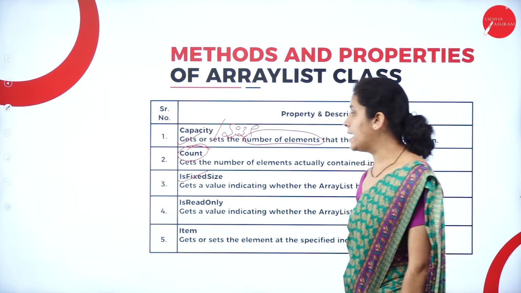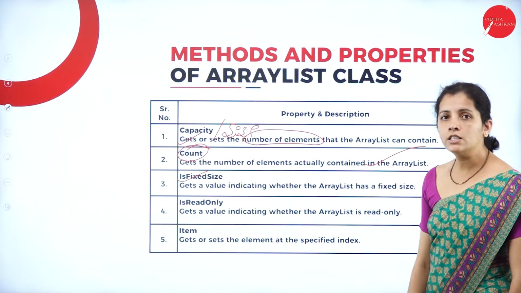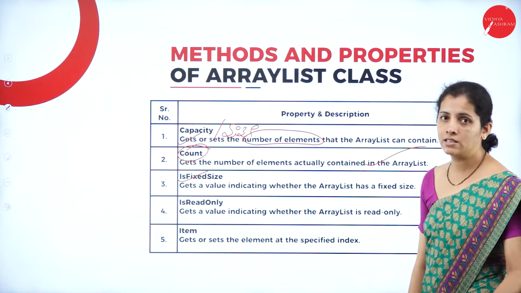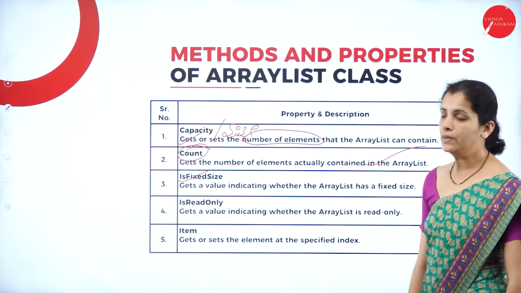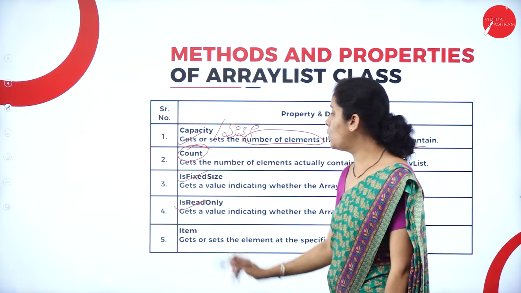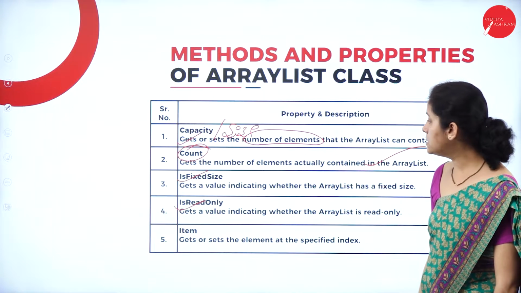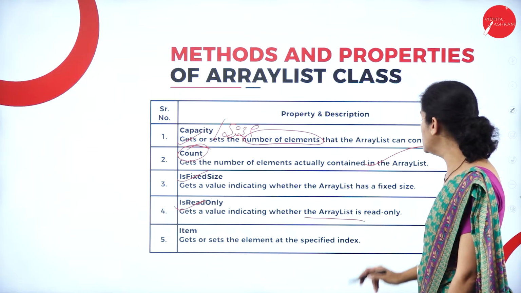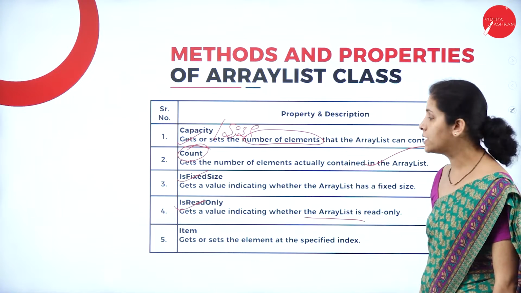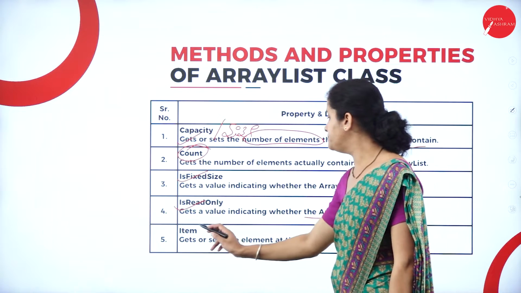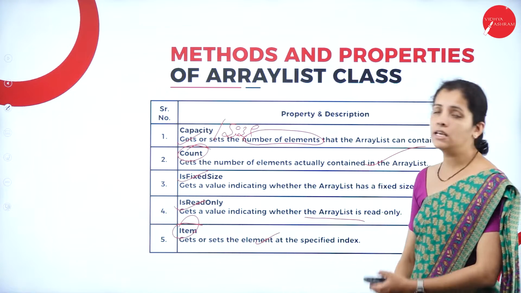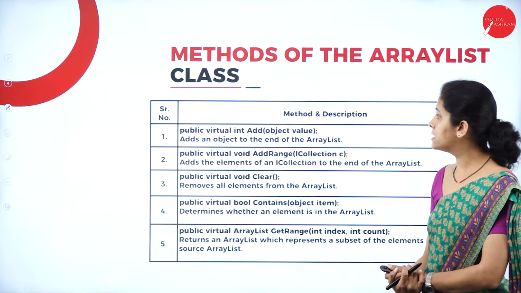IsFixedSize is used to check whether the array list is fixed size or not. Then IsReadOnly returns a value indicating whether the array list is read only or not. Item gets or sets the element at the specified index.